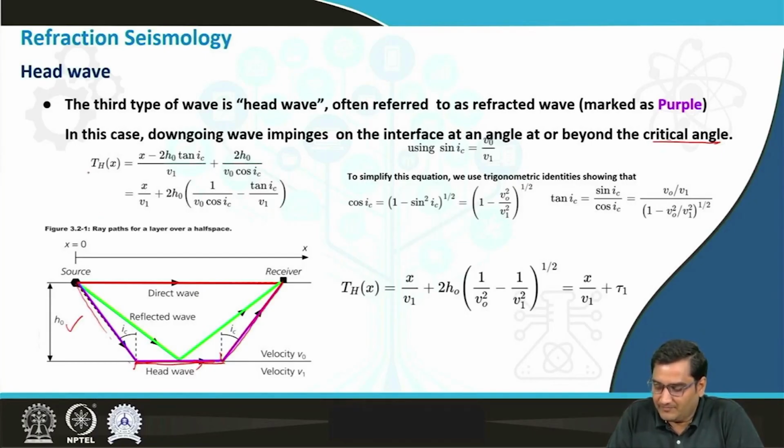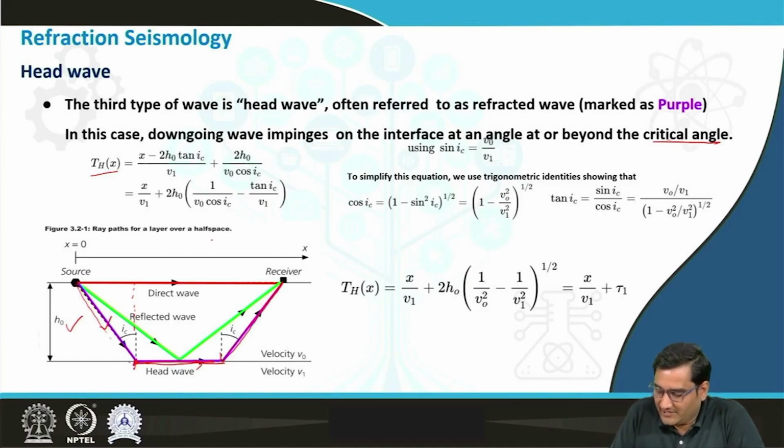So that is what we are doing here. You can see the travel time of the head wave is represented by TH, that is equal to x minus 2h naught tan IC by V naught. So if I extend this line here something like this, then I can calculate the distance traveled by this ray, the head wave, from source to the point of intersection here.